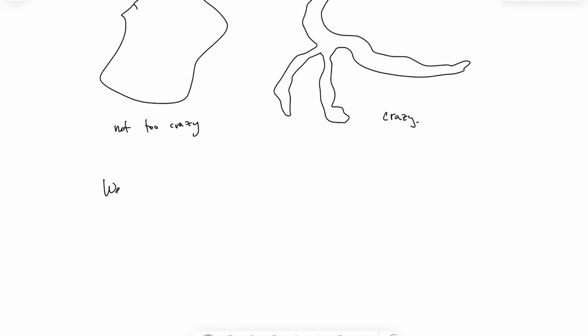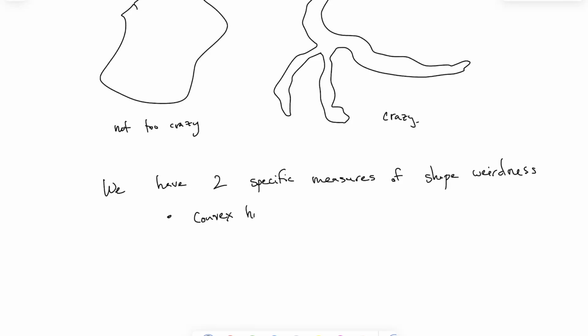So we'll have, like I said, two specific measures of shape weirdness. And they have fancy names. The first is called the convex hull ratio, and that's what we're going to talk about today.